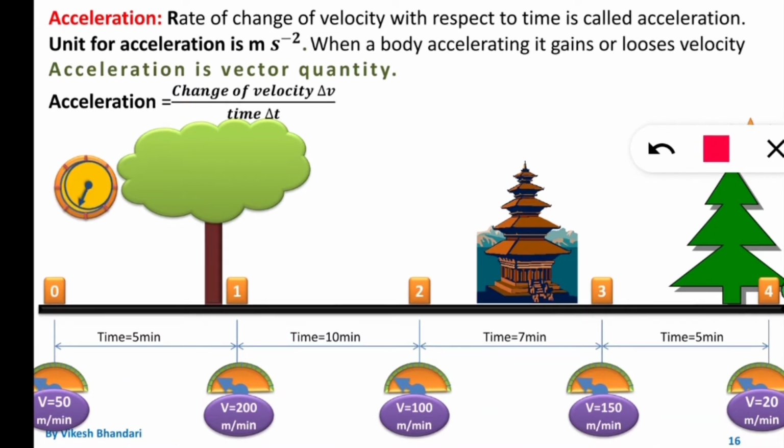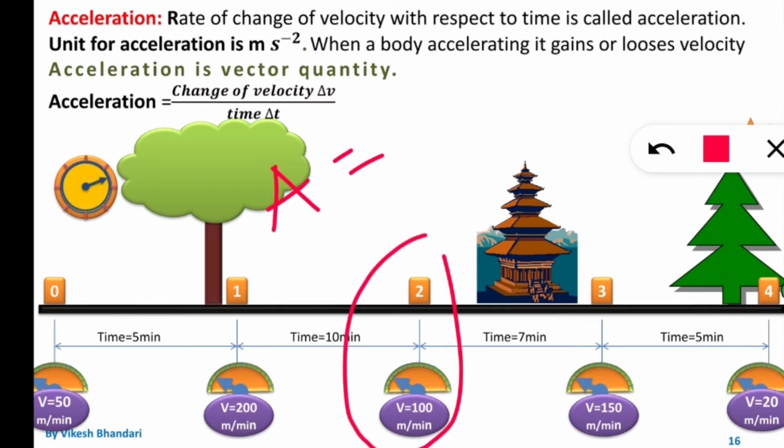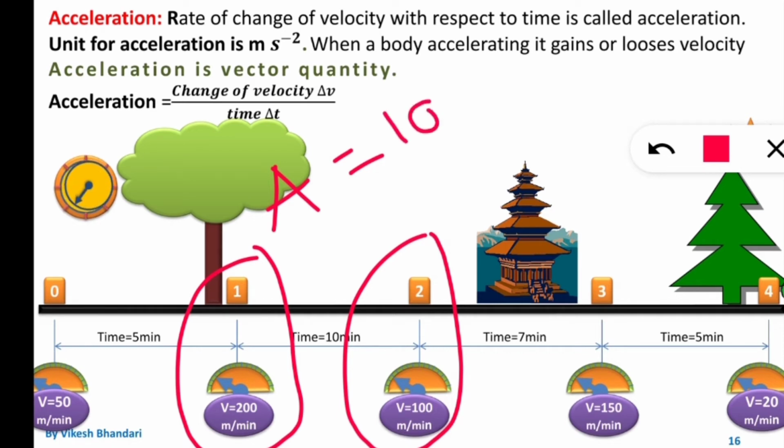I will perform one sample problem. How can we find the acceleration? I will take the second hour and this hour. Acceleration is the change of velocity divided by time. What is the change of velocity? In the second condition it is 100, so the final velocity is 100 minus 200. Then what is the change in time?